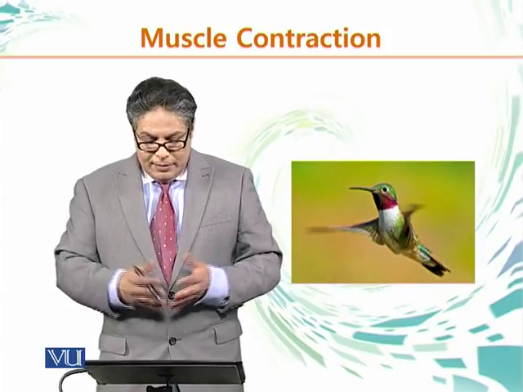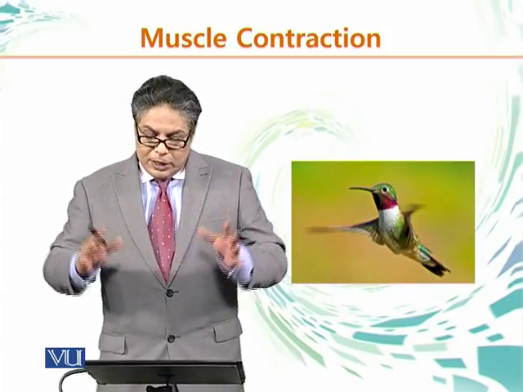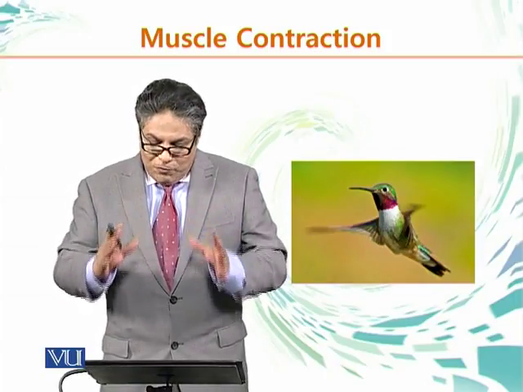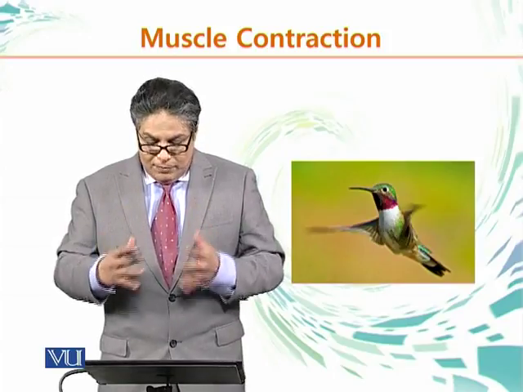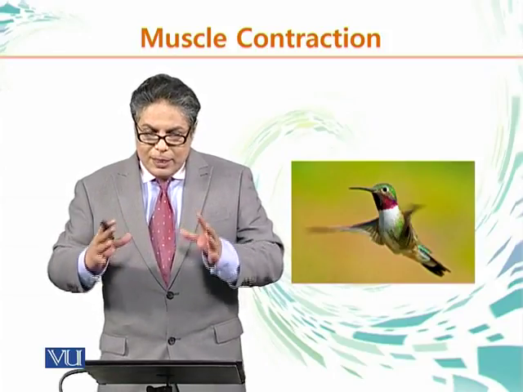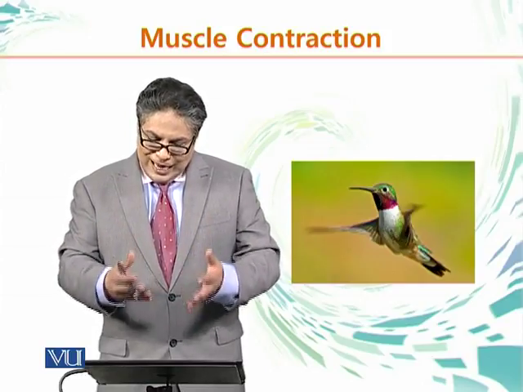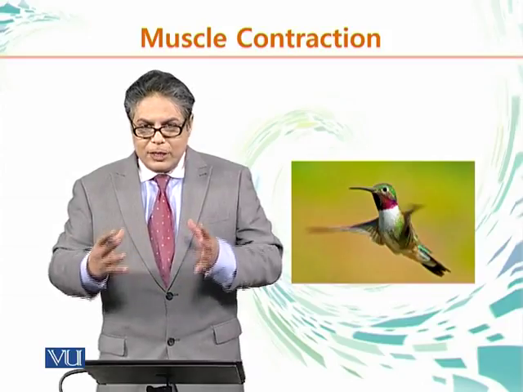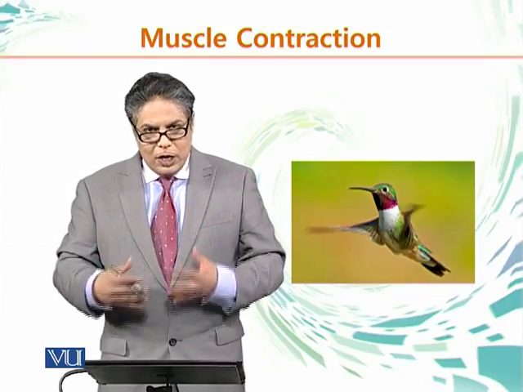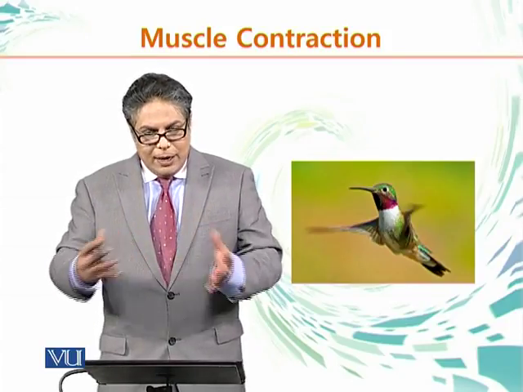You have seen hummingbirds. These hummingbirds can flap their wings 50 times per second, which is fairly rapid. And this makes this animal capable of flying. And this shortening allows us to move around, walk, and other animals to swim.